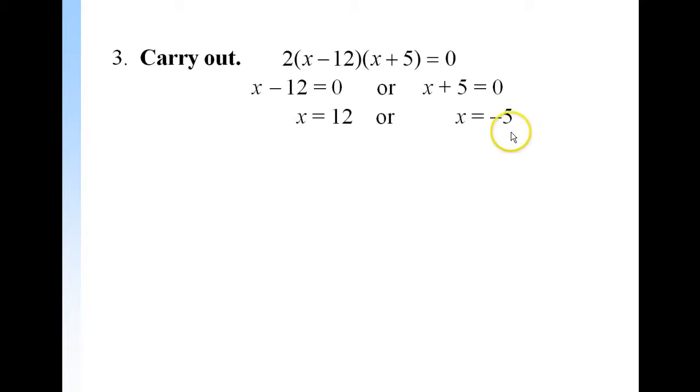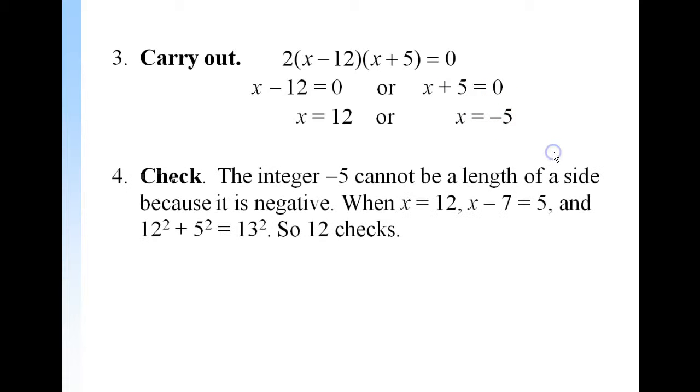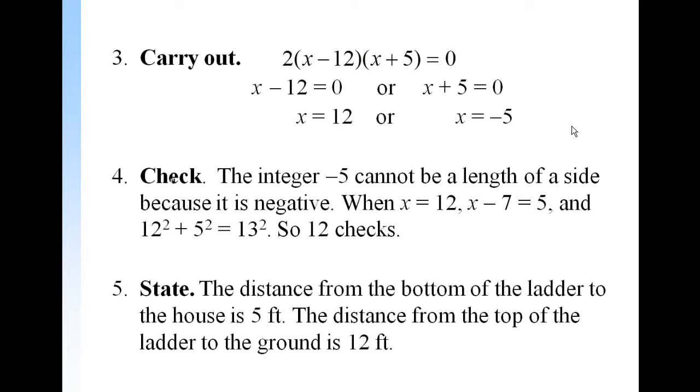Well, you can't have a distance that's negative 5, so this is rejected. And we check it, and it all checks out. And there's our answer statement. The ladder is 5 feet from the house. And this is one of those standard right triangles, which is 5, 12, 13.